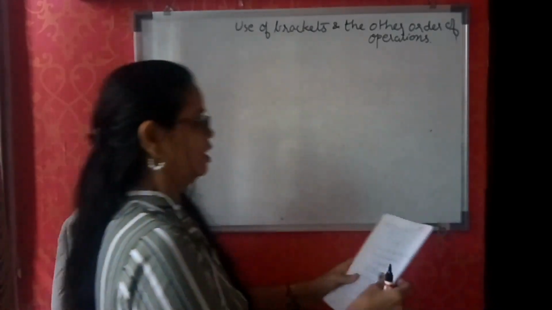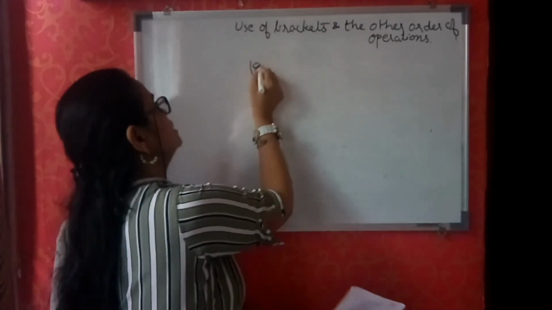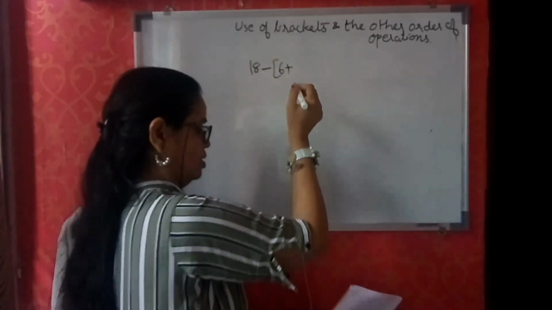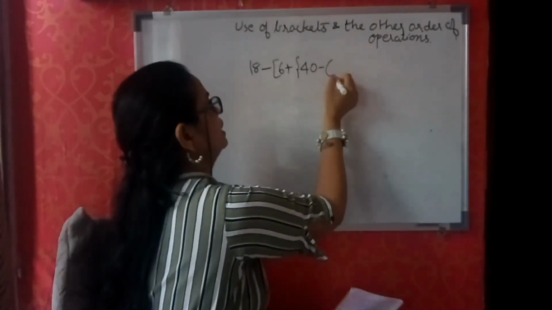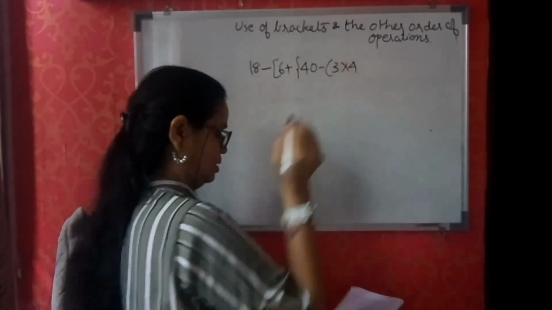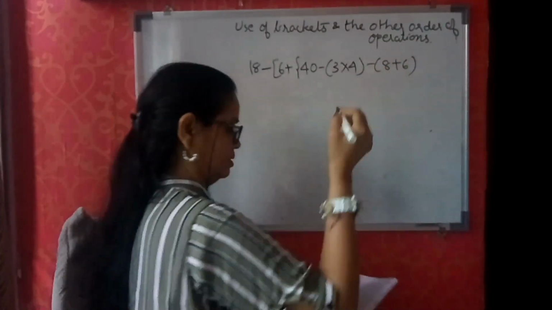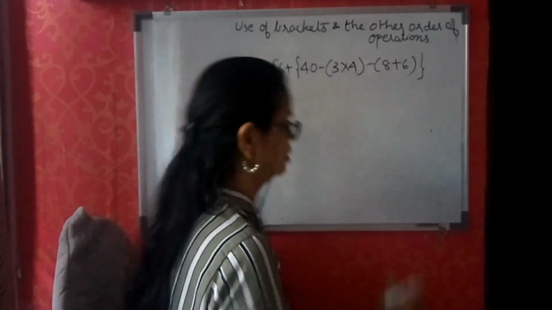Now look children, your first sum is 18 minus 6 plus 40 minus 3 into 4 minus 8 plus 6 minus 2.